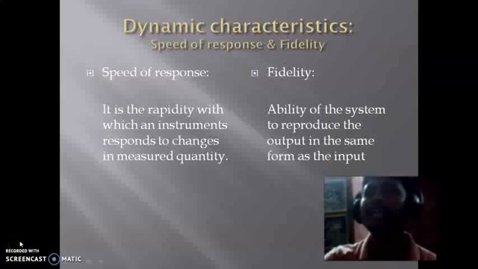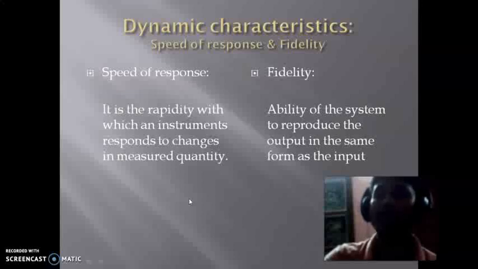Next is the fidelity, which is the ability of the system to reproduce the output in the same form as the input. Suppose we give some input that changes with time, say a sinusoidal curve, to our input device, and we get the output as the same replica of the input, a sinusoidal curve, then its fidelity is very good.